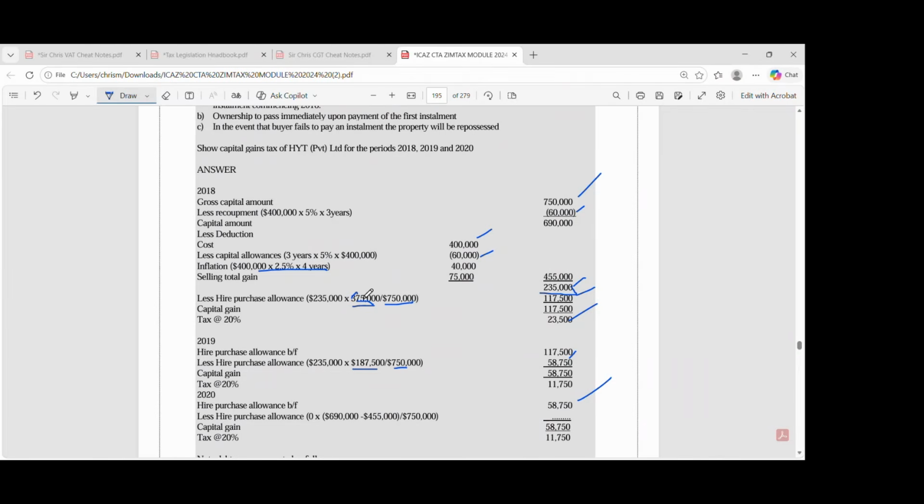Or in other words, if you want to do it differently, give me relief on 187,500 of the 375 not yet paid, times the unpaid 117,500. I can do it this way. Make sense. The correct thing is that you are giving relief on my total amount of 750, where 187 of that 750 I have not yet received.